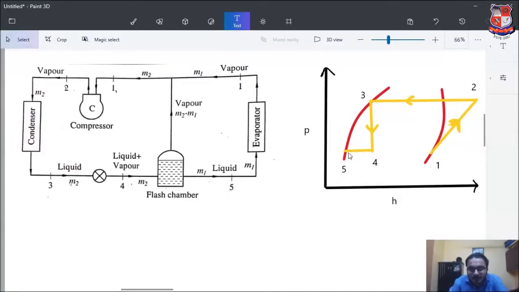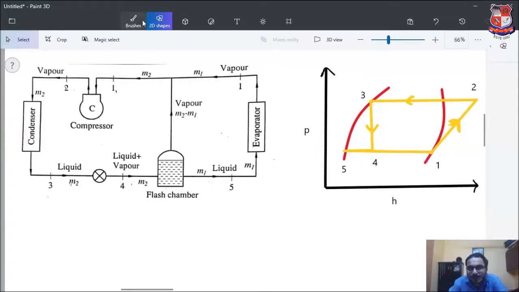Okay, and here now at point number 5 only M1 mass is there, which is purely in the liquid state. So you can see here that we are going from 4 to 5, that is converting purely into liquid phase, and now we can go into our usual 5 to 1 process, which is evaporation process, and which is important process for our theory, that is this part.